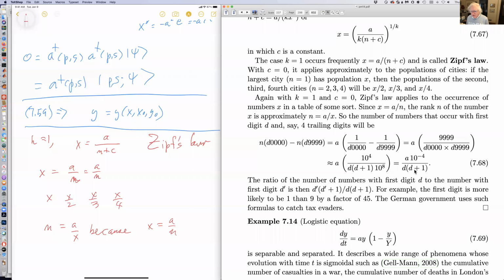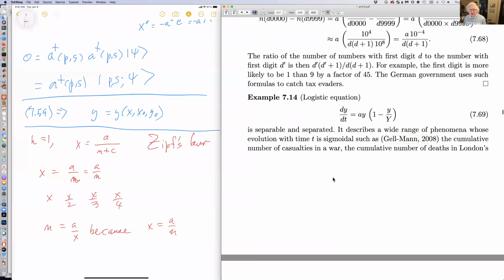And so the first digit is much more likely to be 1 than 9 by a factor of 45. And in fact, the German government uses this formula and others like it to catch people who cheat on their German taxes. I don't know if the IRS has caught on. Of course, the IRS, Trump has decimated the IRS. Hardly anybody working there these days.